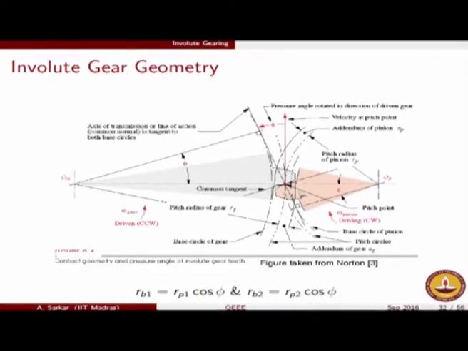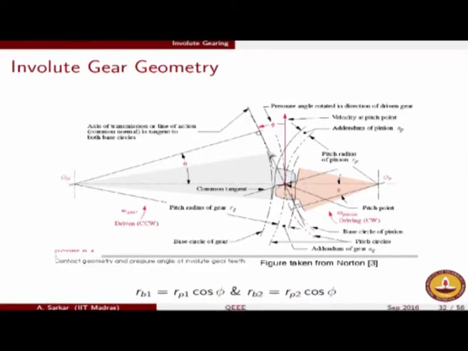Now the common tangent between the base circles is an internal tangent, not an external tangent. This common tangent happens to be the belt from where the involute is generated, using the cross belt pulley analogy. Therefore the common normal of the involutes is given by this line, which incidentally is the common internal tangent between the two base circles.